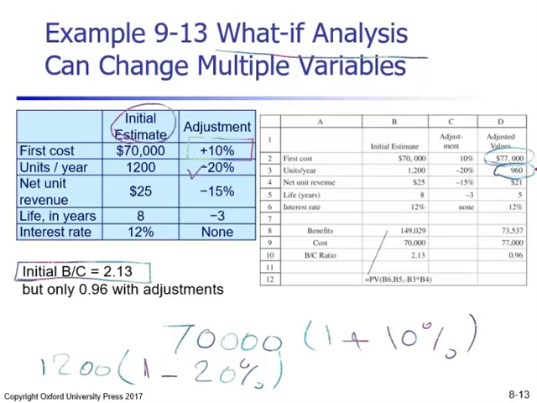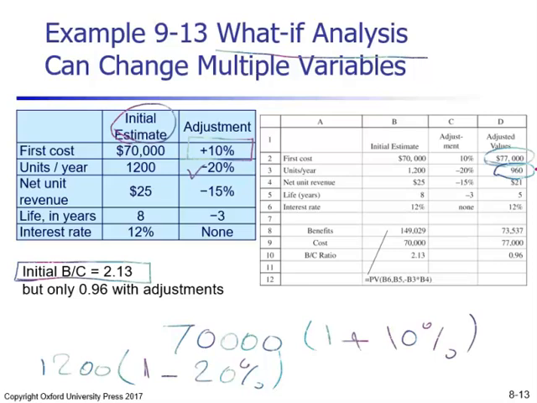Net unit revenue, again, is another story, and it is optimistic. So these calculations on the right, these new adjustments, are pessimistic, because here we have optimistic, and here we are going to do pessimistic, and also we are going to do another one that is most likely.